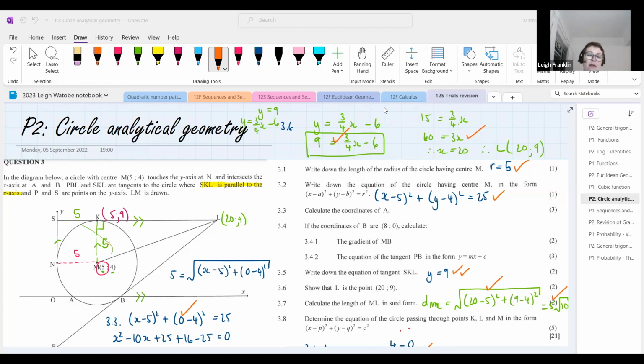So K and L and M are on the circumference of this circle that's not drawn. What do you think we should do here?